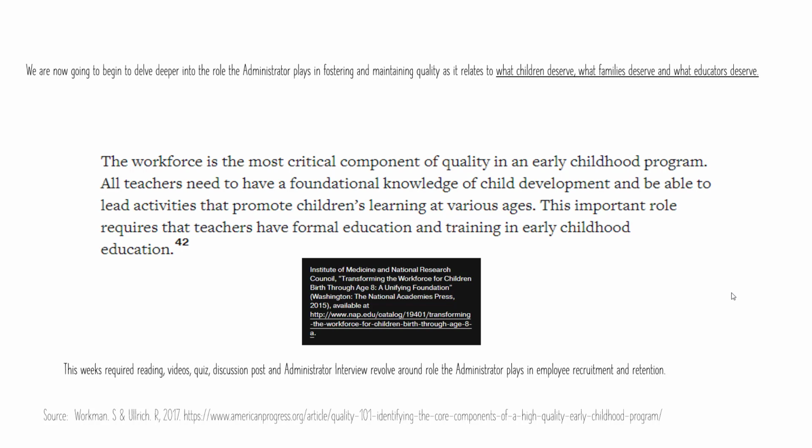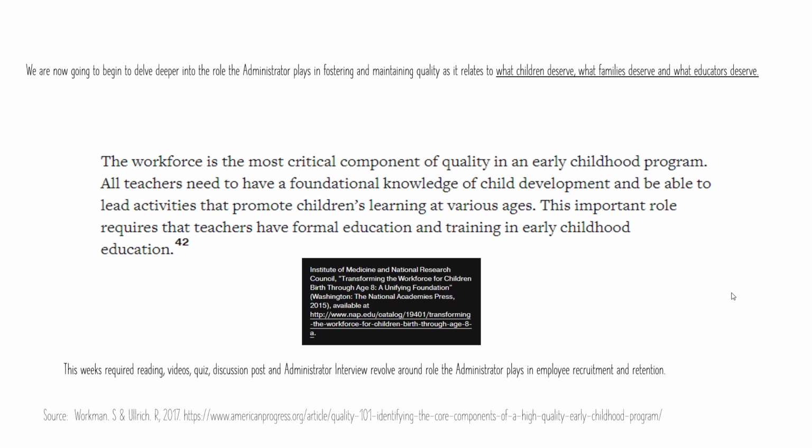So when you're thinking about this, you can have a financially stable budget that supports your program. You can follow all of the legislated requirements from the Early Childhood Services Act and the Operator's Manual.